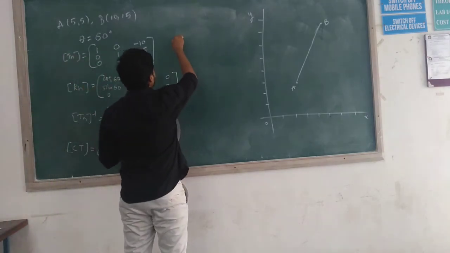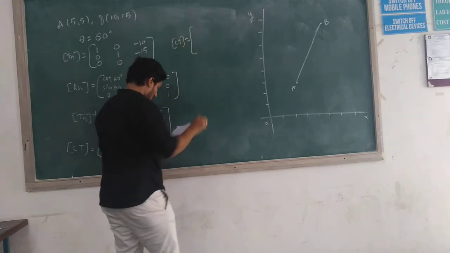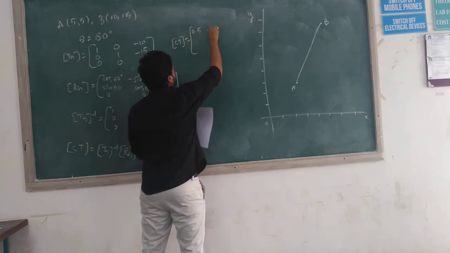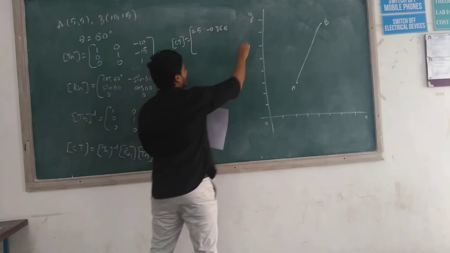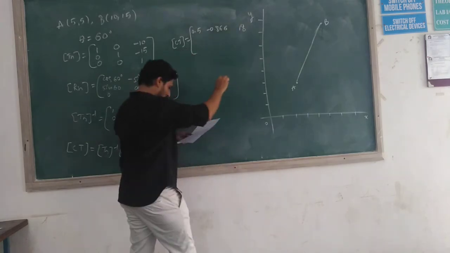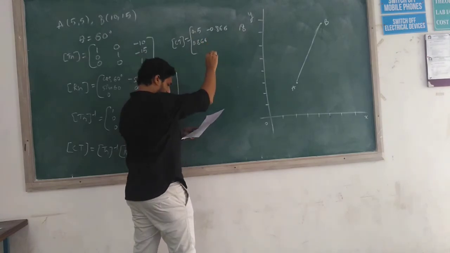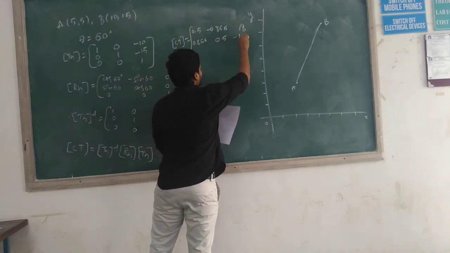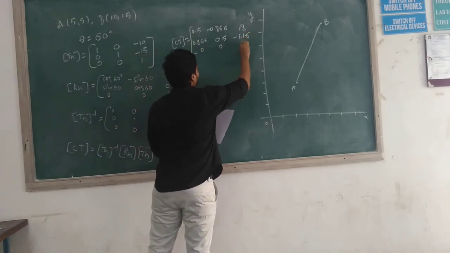So the concatenated transformation is equal to 0.5, minus 0.866, 18; 0.866, 0.5, minus 1.16; 0, 0, 1.